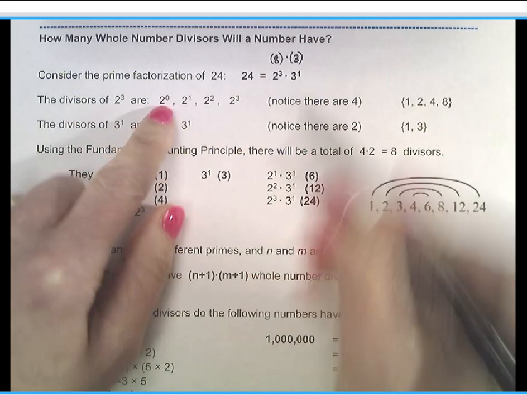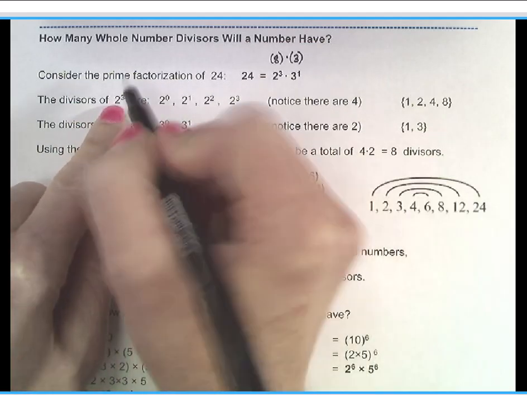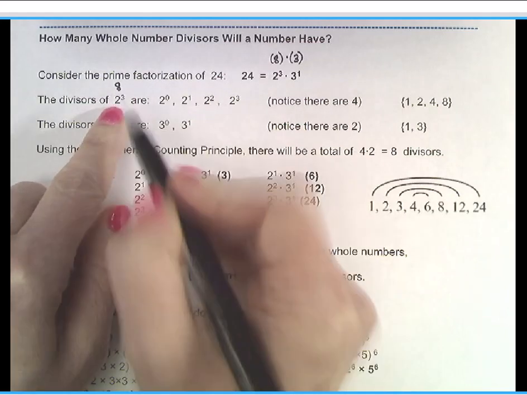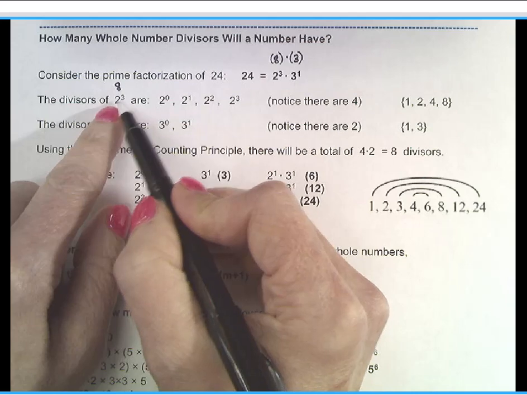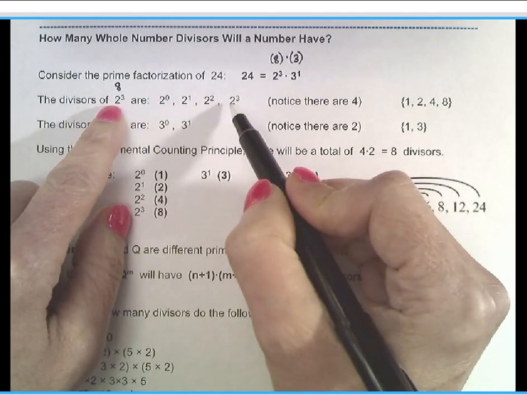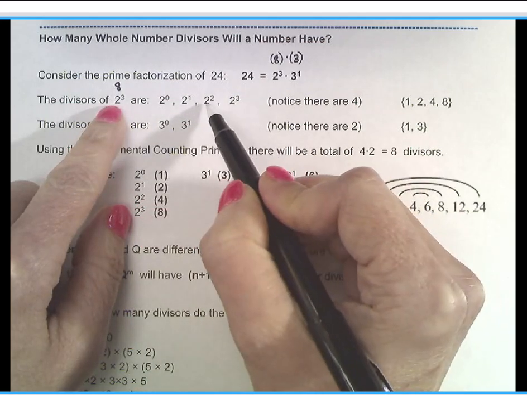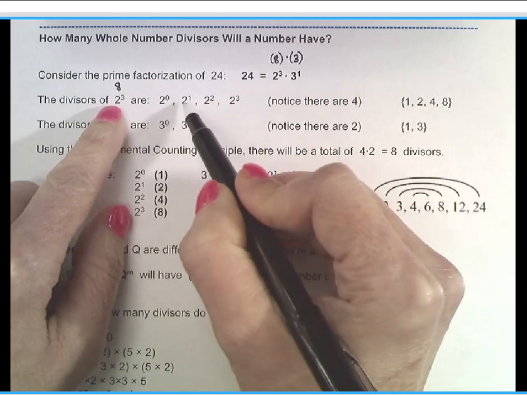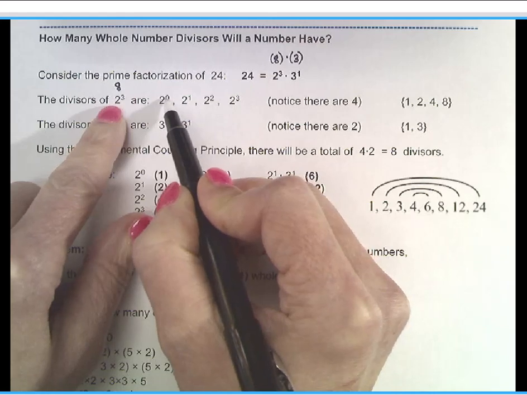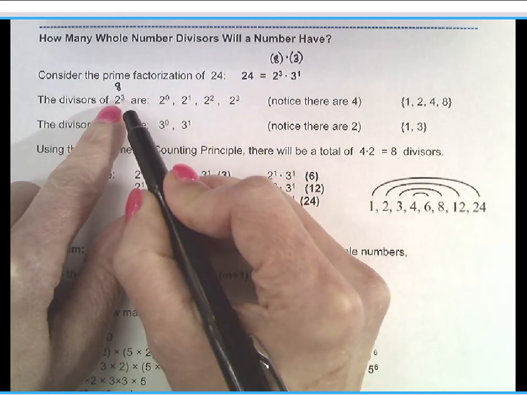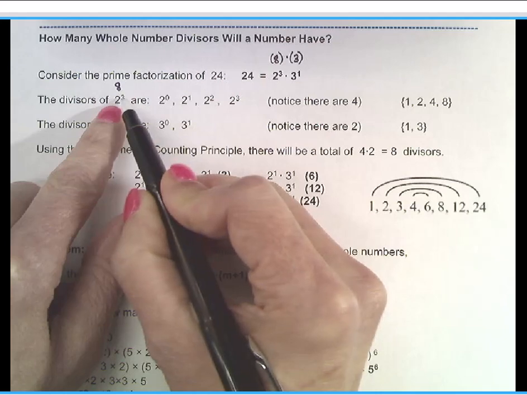So what will divide into 8? We're going to think of it as 2 cubed. The fastest way to find out what divides into 2 cubed is to know that it's 2 cubed and then anything smaller: 2 squared, 2 to the first, 2 to the 0. Do you see how we just cycled through exponents, starting at 0 and going up to whatever your exponent is, 3?